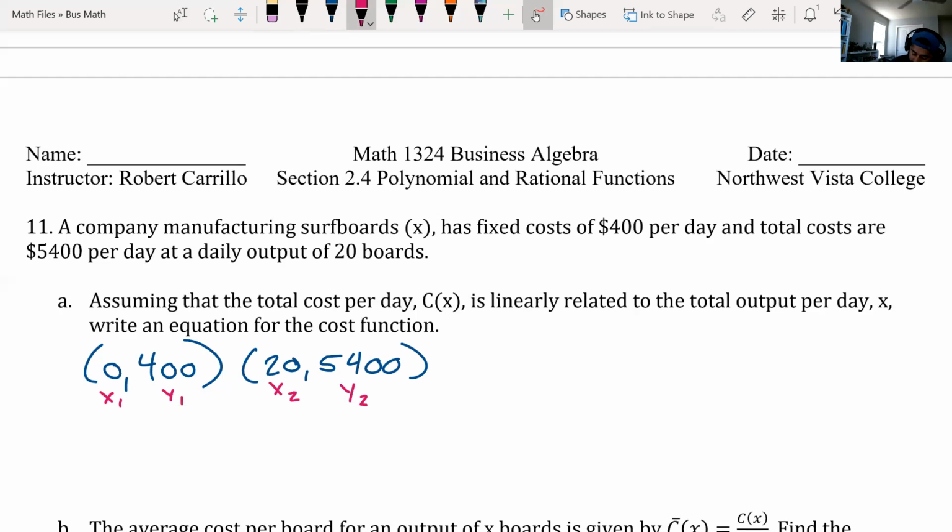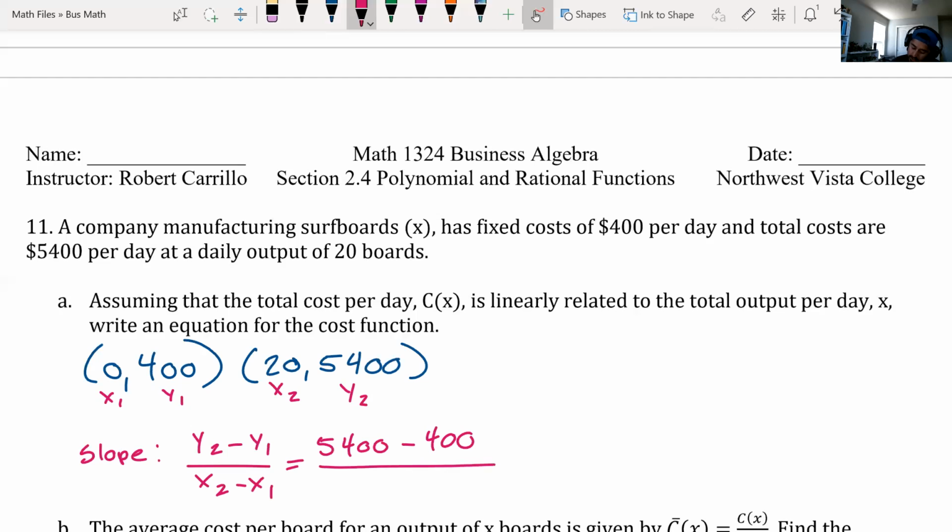Remember the slope formula is y2 minus y1 over x2 minus x1. So plug in our y2 of 5,400 minus my y1 of 400, over x2, which is 20, minus x1, which is 0.